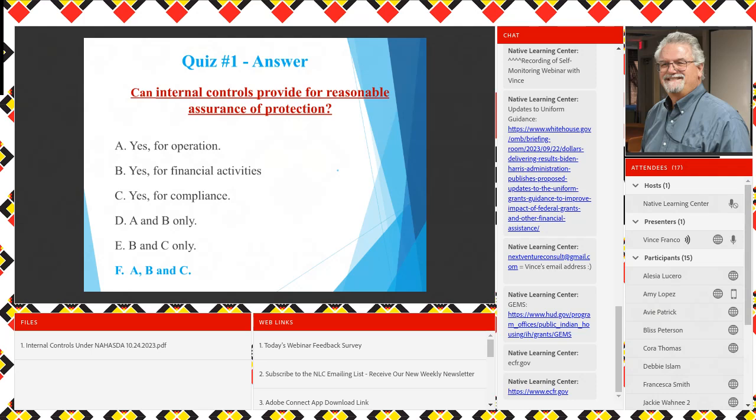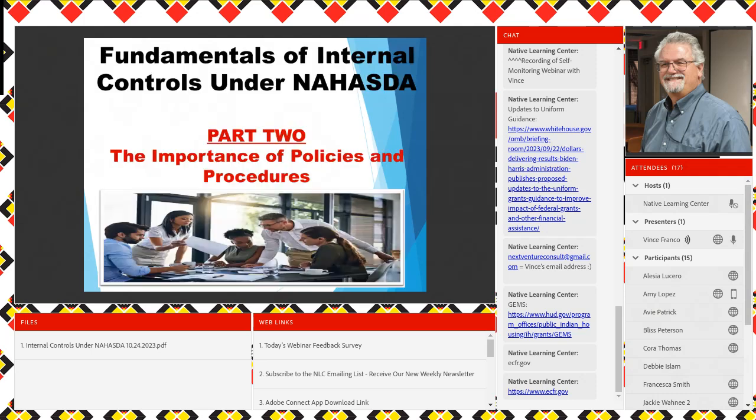Yes, for A, B, and C. That's the whole idea. If nothing's guaranteed, that's why the Feds use the term reasonable assurance. That's why we should use the phrase reasonable assurance in our own policies and procedures and internal controls, right? We use their terms.